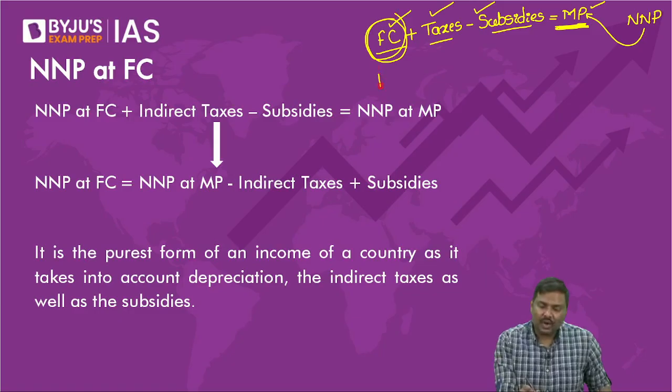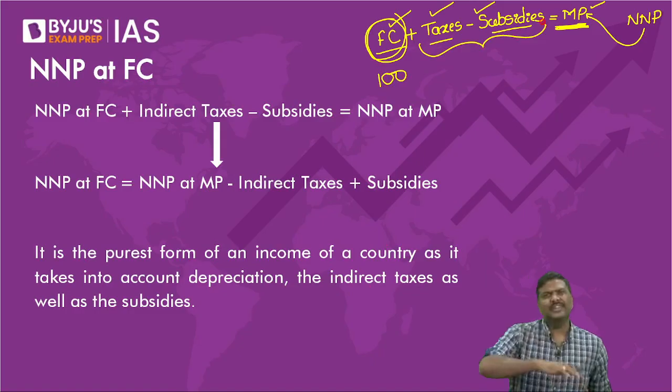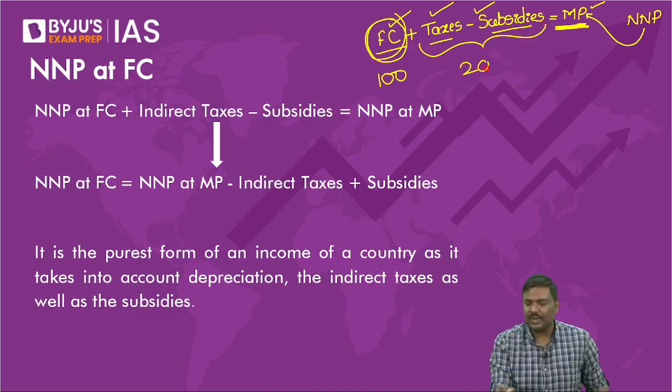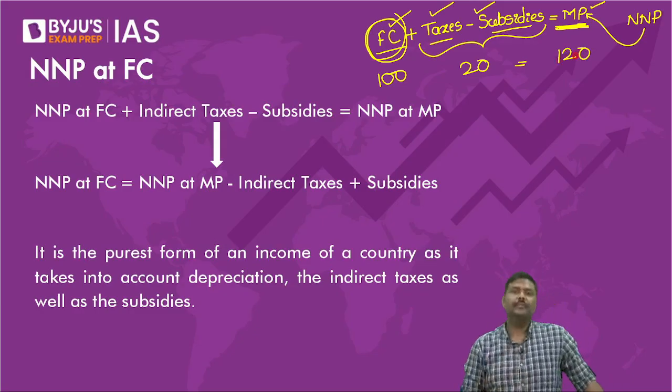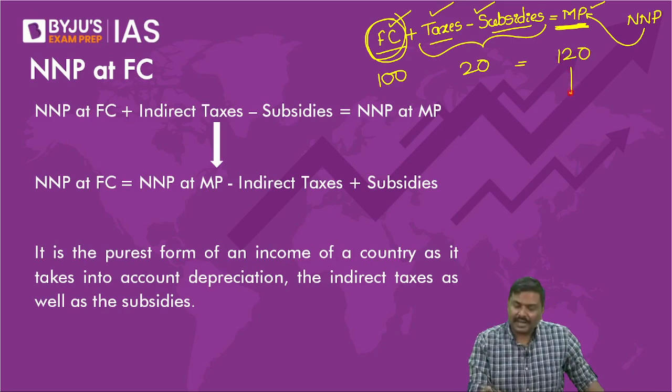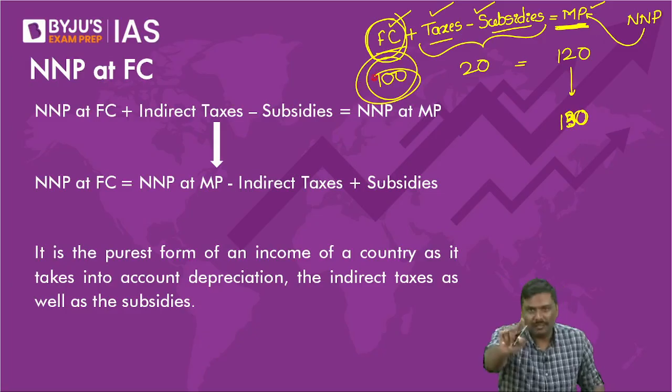Imagine the factor cost is 100, and let's say the difference between taxes and subsidies is 20 rupees today. Market price is 120. Now, what if the market price increases to 130 rupees? Does it mean that you're earning more income?